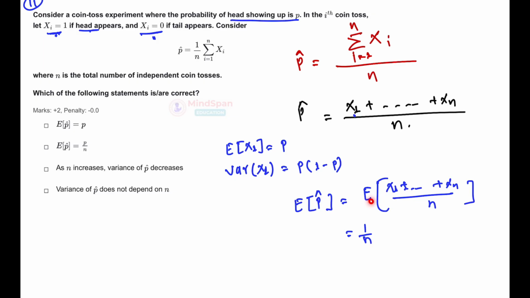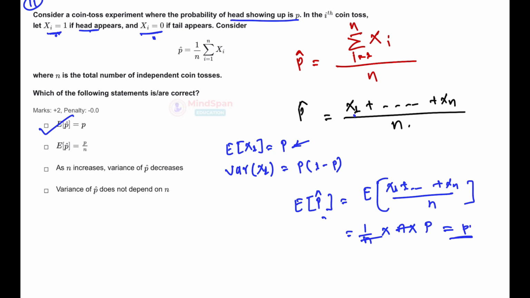So the expectation of this sum will be n, the number of such random variables, times P, since each one has expectation P. So this n will get cancelled, and you will get small p. So the expectation of this P hat is small p.